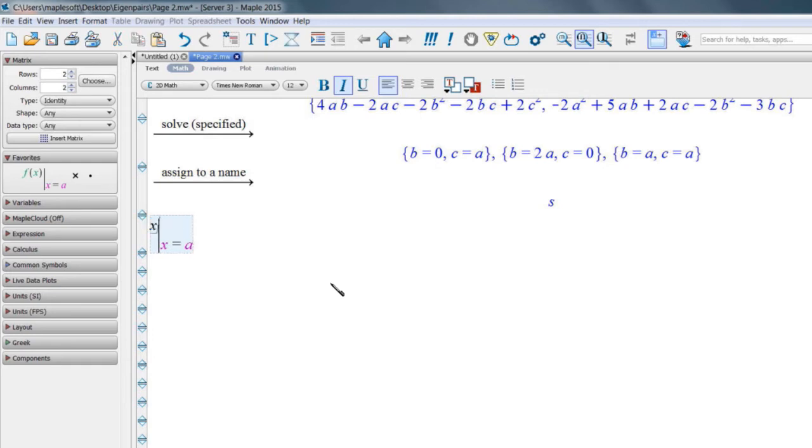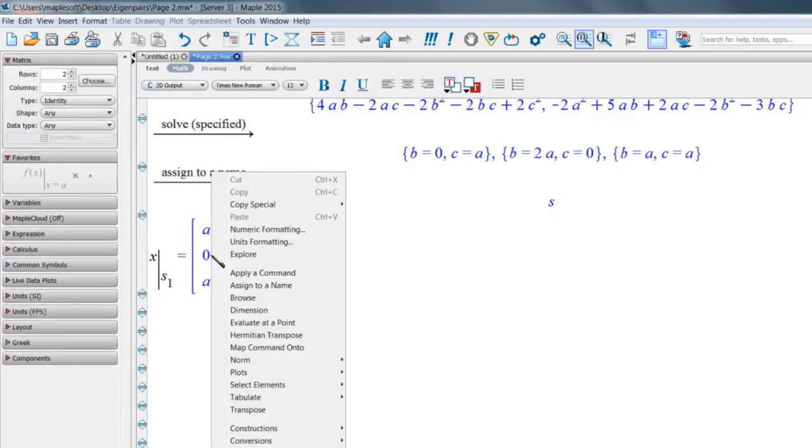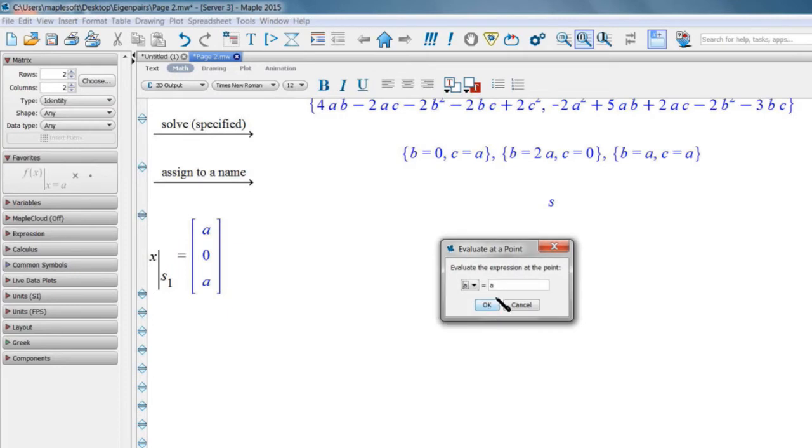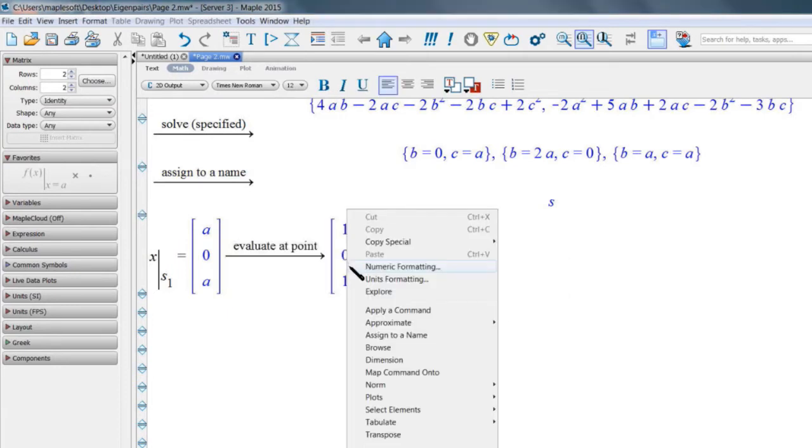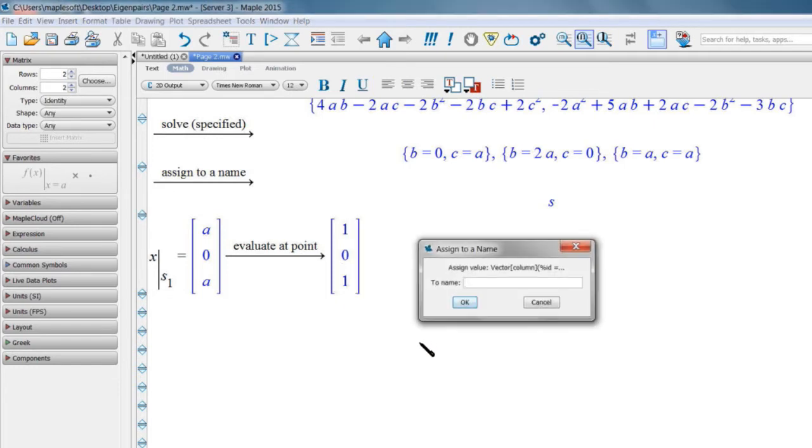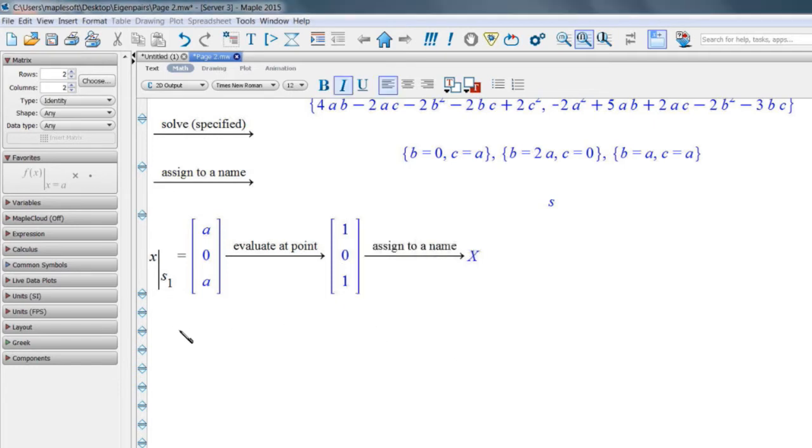So here's the vector x, and I want to evaluate it when S is the first solution. So A, I'd like to make A 1 to keep things simple. Here's 1. And I'm going to call this X, capital X. So it has a name and I can refer to it. And I've got to do this 2 more times. Here is x, S, shift down here to 2.